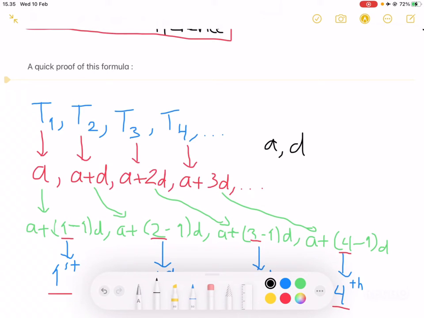For T2 it is a plus d, because we add d to get the next term. So it does make sense that T2 is a plus d. And then to get the next term, you add yet another d. So T3 now becomes a plus 2d. And then you can just do this all over again.